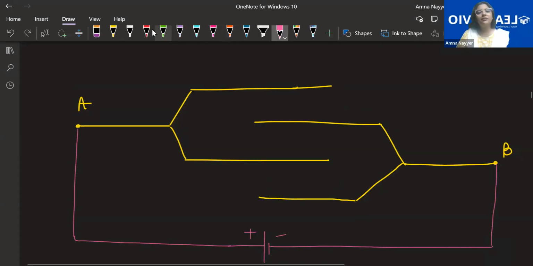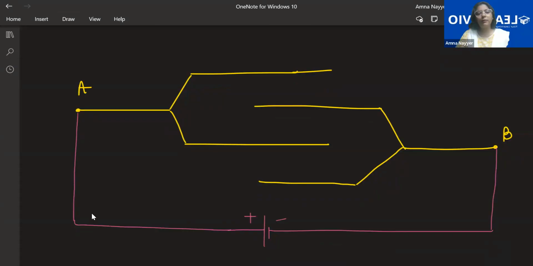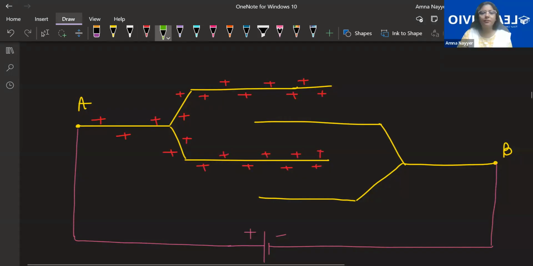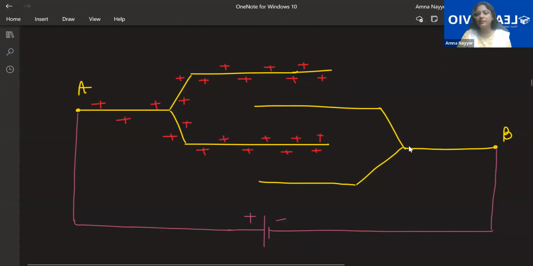Whatever is the positive terminal, it will make this plate completely positively charged. So this will be positively charged. This plate will be thoroughly positively charged, whereas this plate will become negatively charged.